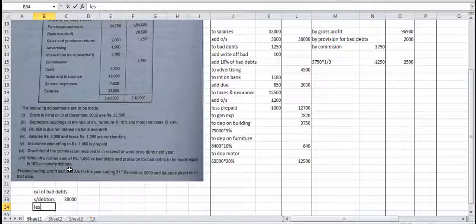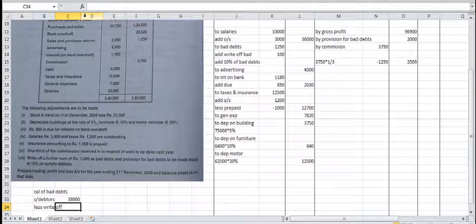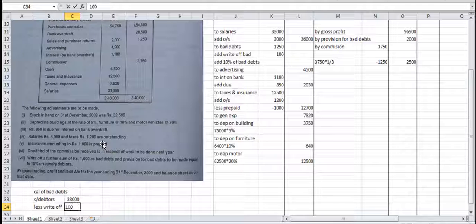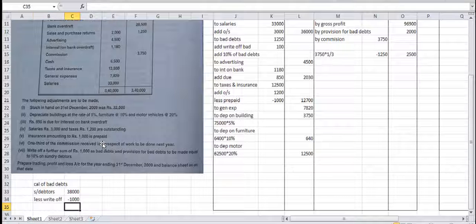Less write off. 1,000 we have to minus. Now our bad debts presently total is 37,000.